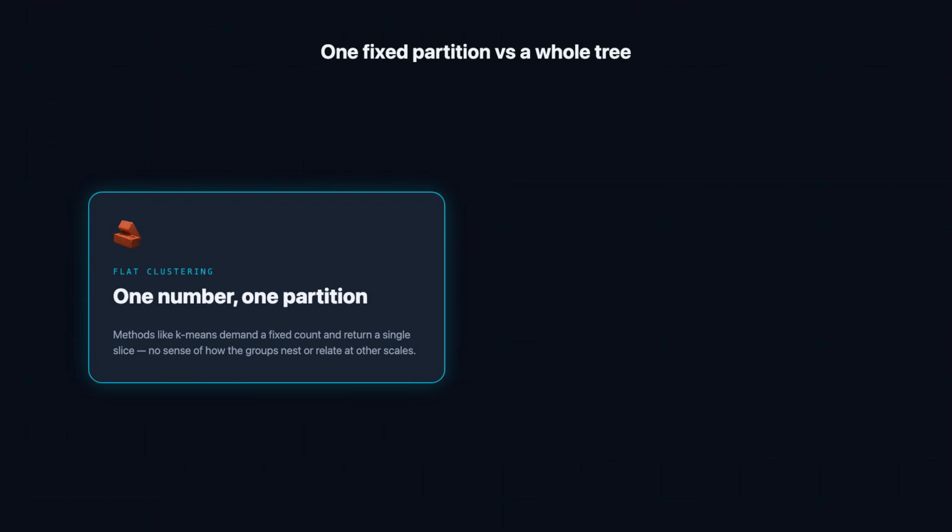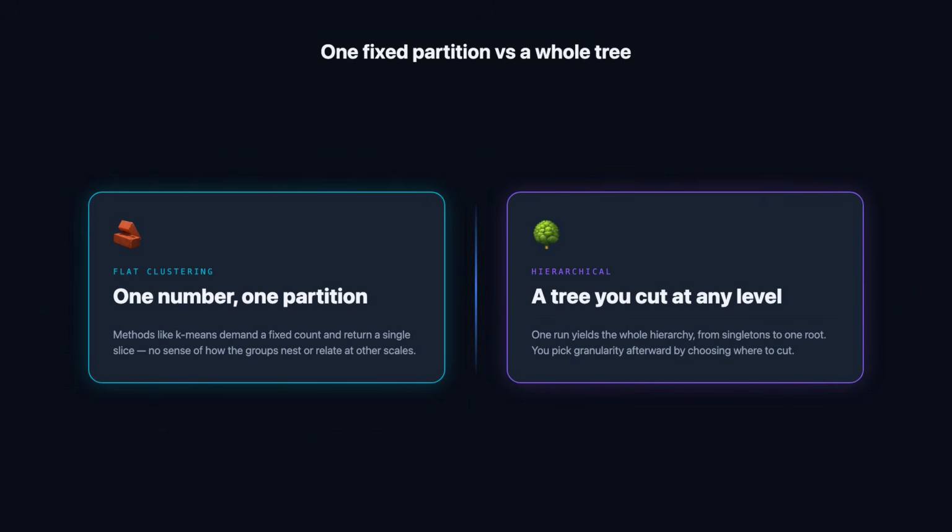You rerun the whole thing with a different number and hope. Hierarchical clustering hands you the entire tree instead of one slice of it. You see how points nest into small groups into larger ones, all the way up, and you pick the granularity afterward by choosing where to cut. One run captures structure at every scale, and the dendrogram makes it genuinely easy to read.